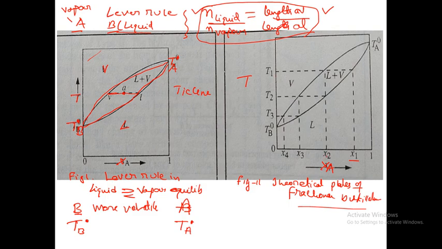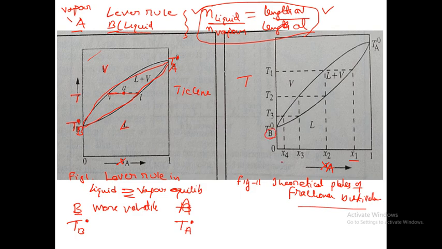Later, when we heat this composition X2 at temperature T2, on cooling and condensing, X3 is observed. Again it is heated at temperature T3 and allowed to cool, until point P is obtained.